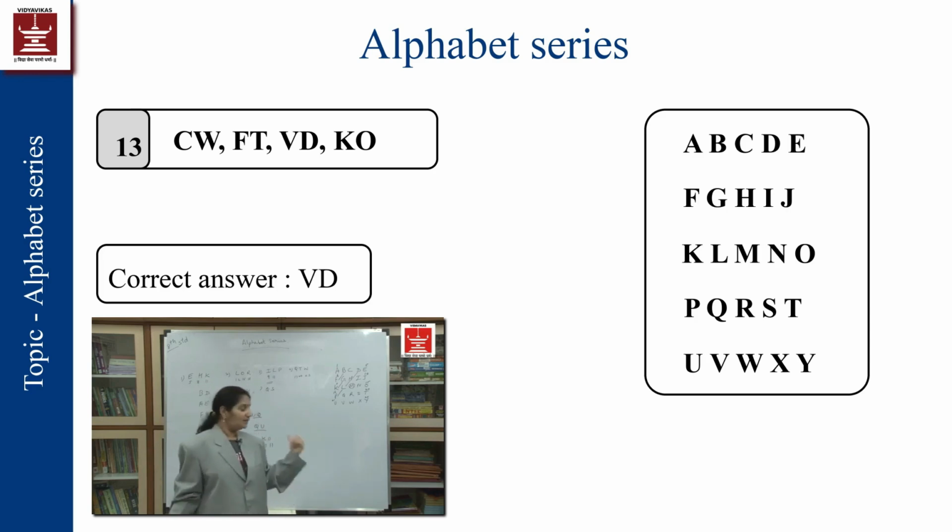So for covering this topic or for scoring in this topic, what you require is practice. The more you practice, the more confidence you will have of these types of questions. The more possibilities will be arising in your mind of these type of questions. So the moment you see them, you can guess out which are the possibilities which I'm going to check.